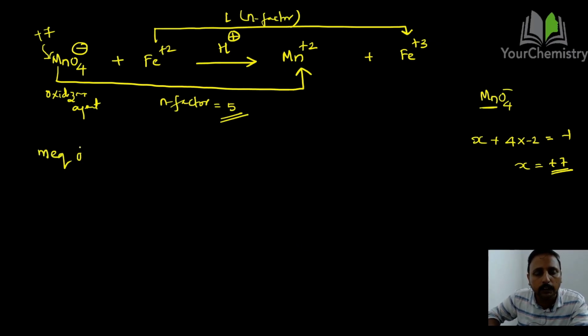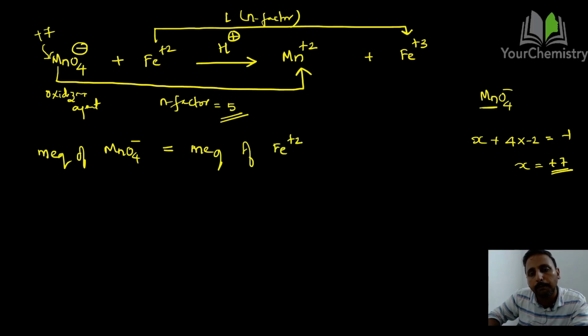The milli equivalence of MnO4 minus reacted must be equal to the milli equivalence of Fe +2, because the equivalence of the reactants and the equivalence of the products must be the same for a given reaction. You know very well, equivalence you can easily find out. What are the different equations of equivalence? Molarity into N factor into volume, normality into volume, given mass by equivalent mass, a lot of equations are there.